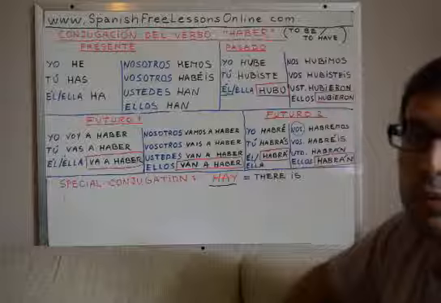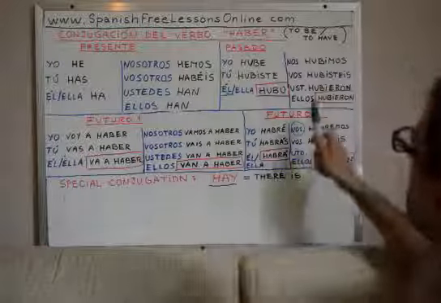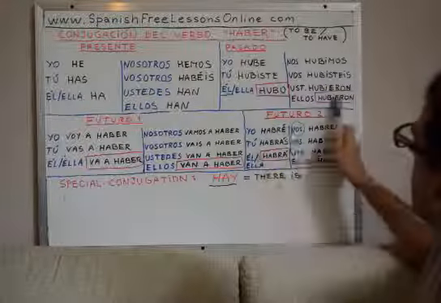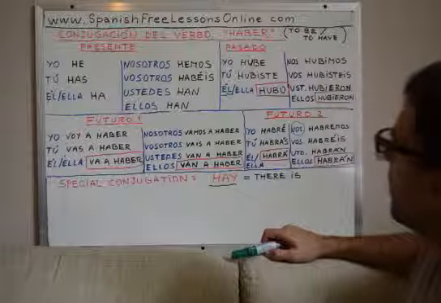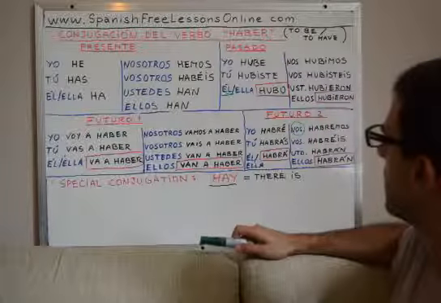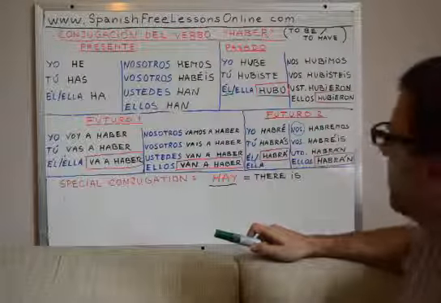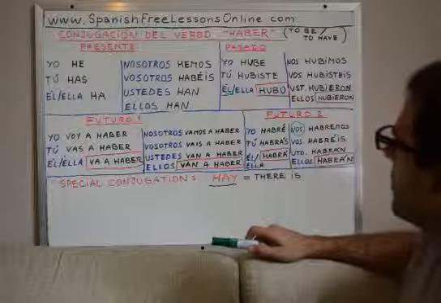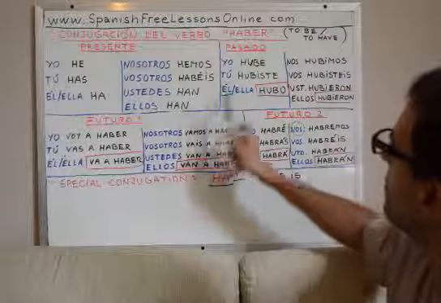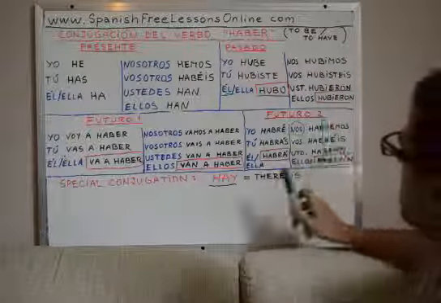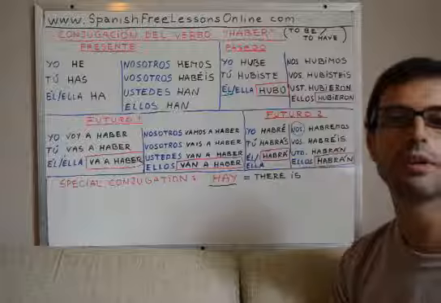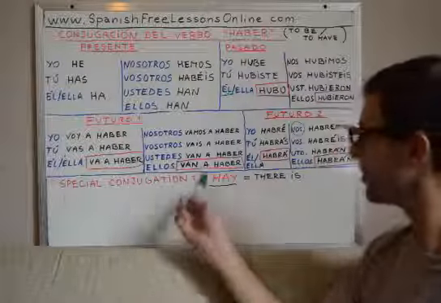If we want to say there were many, we say hubieron muchos. If we want to say there will be a storm, we say habrá un temporal. So these that I have marked in red are much more used because it's there will be, there has been, there are, there is.